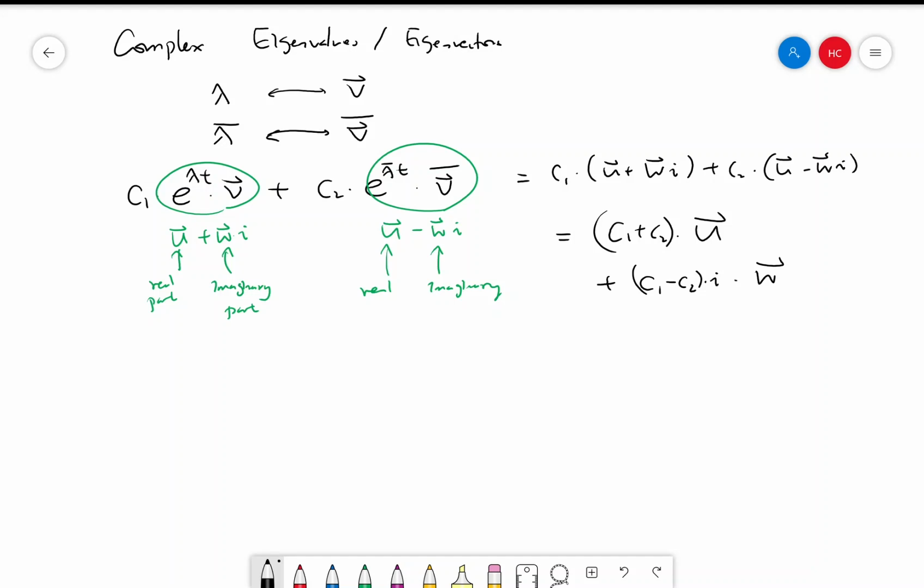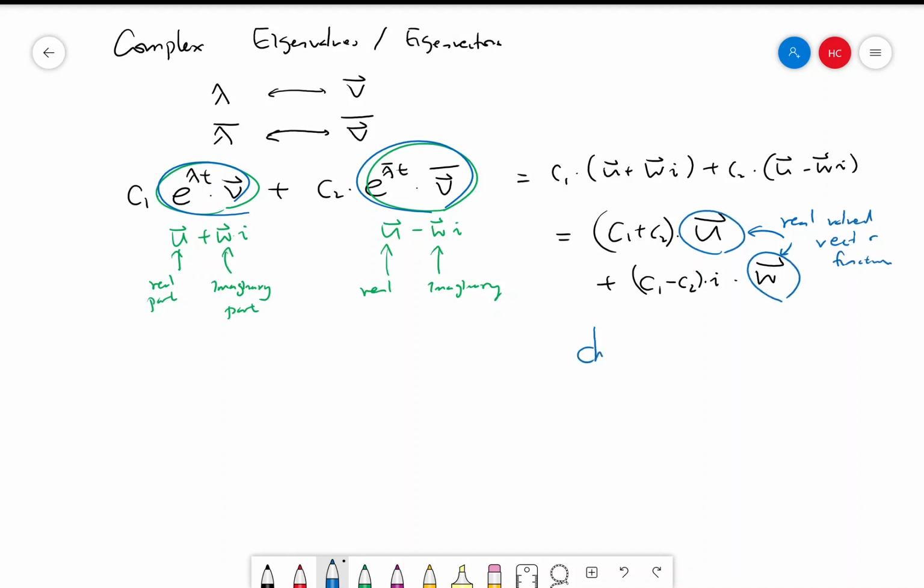So in other words, the original solution is a linear combination of these two complex valued functions, but it can also be expressed as a linear combination of u and w, which are real functions, or vector functions.